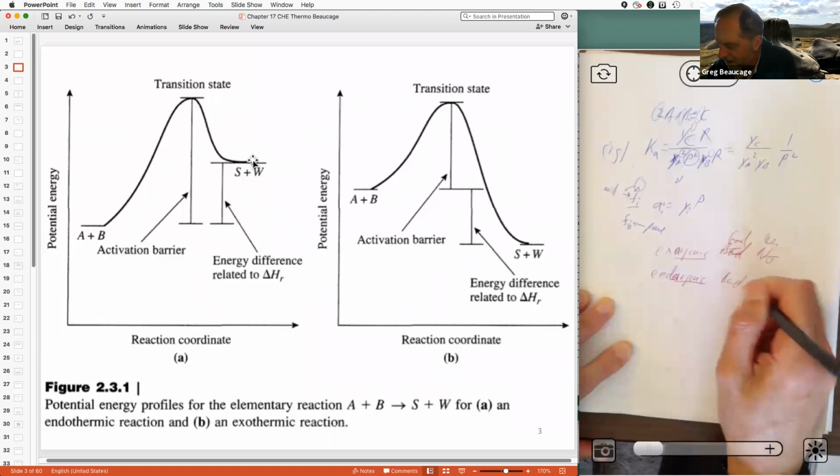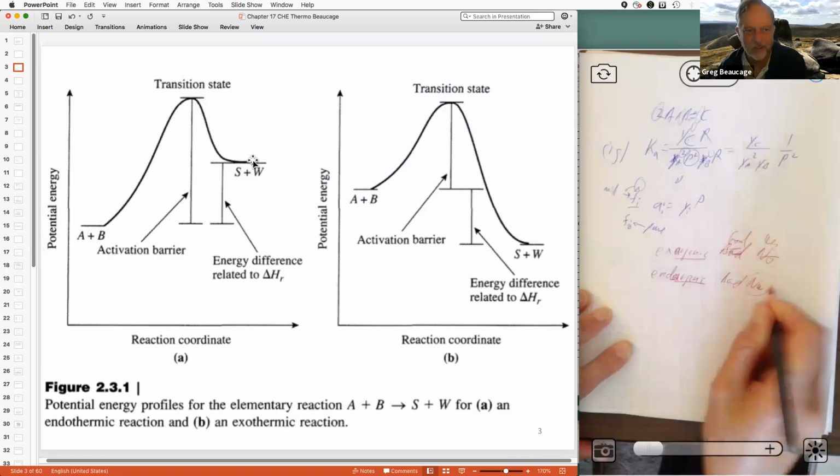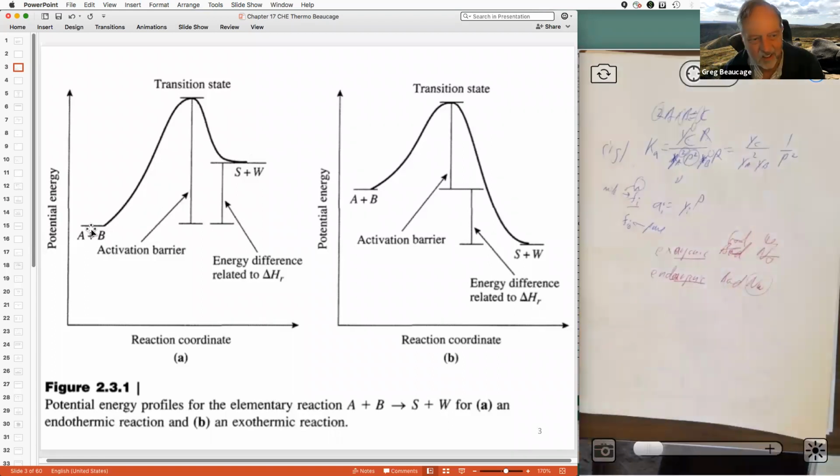It means the reaction won't go. If your reaction has a higher energy at the end, you have to put energy in to make the product, so that's not spontaneous. Whereas if your energy drops, that's spontaneous. So it's exergonic, it gives off energy. Exergonic is usually also exothermic, so it's also going to give off heat.